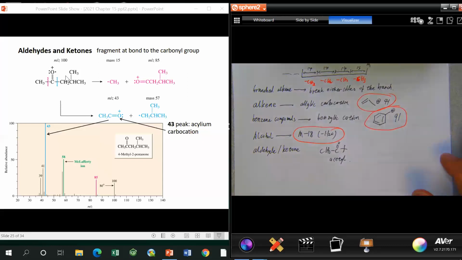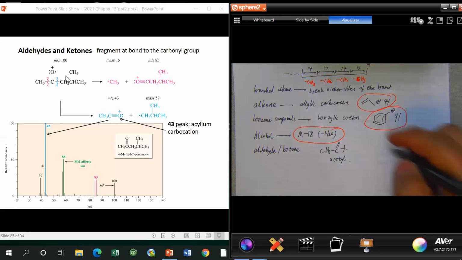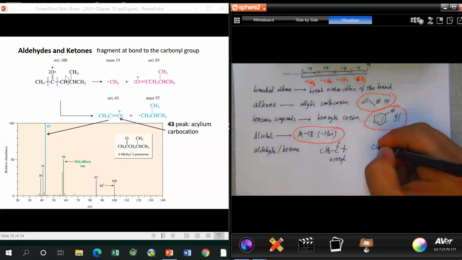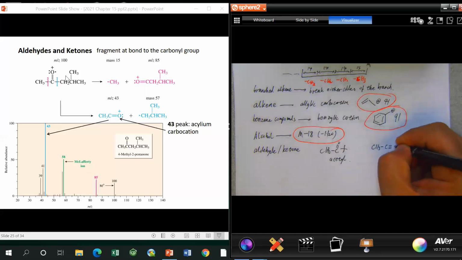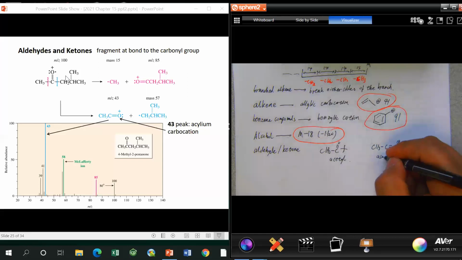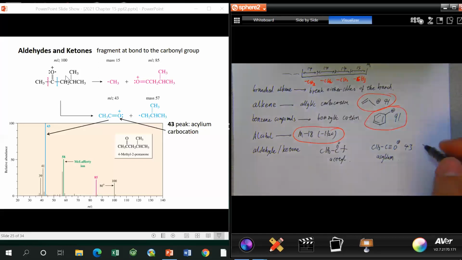In the aldehyde and ketone case, quite often you will see what we call the acylium carbocation, like this. The mass of the acylium carbocation is 43. So if there's an acetyl group in the aldehyde or ketone, you should see this species.